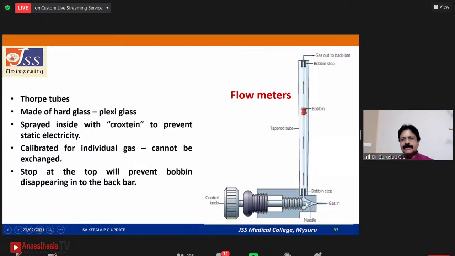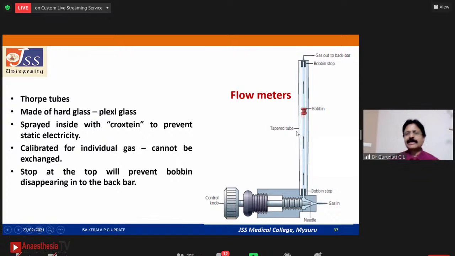Again, because of Bernoulli's principle, the pressure drops and the flow increases. They pass through a narrow opening at the bobbin stop, and again they have to flow by the side of the bobbin. Again, the annular space here is narrow, so the pressure drop keeps occurring, and as they flow through the bobbin stop at the top, again the pressure drops. So there is a continuous drop in pressure, and finally the pressure will be just above atmospheric pressure at the common gas outlet.